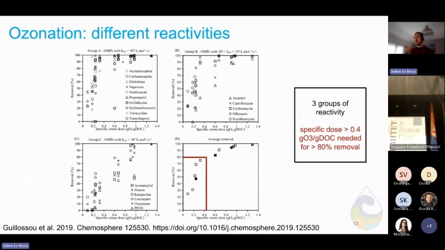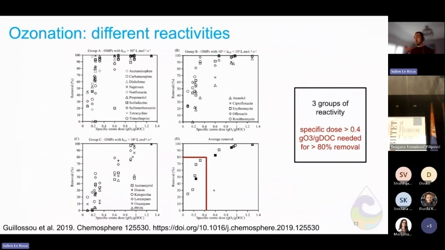Here in group A, you have the most reactive molecules. Group B is intermediate reactivity, and group C are the less reactive molecules that need a higher specific ozone dose to remove them at satisfactory levels.